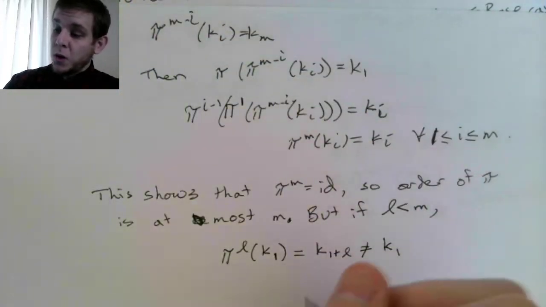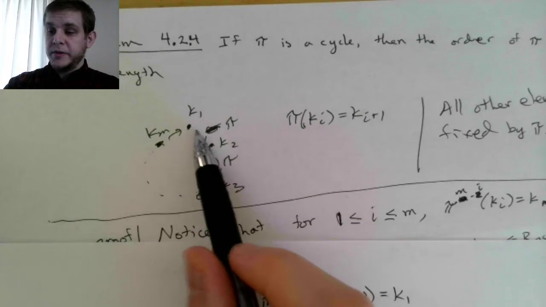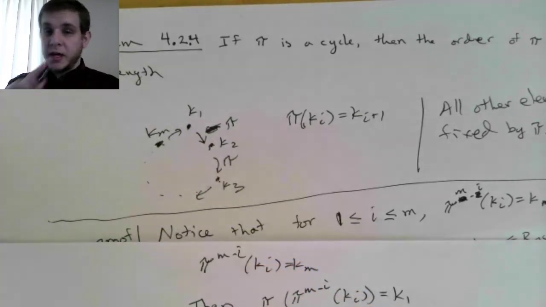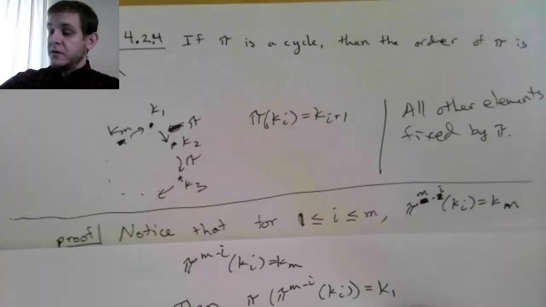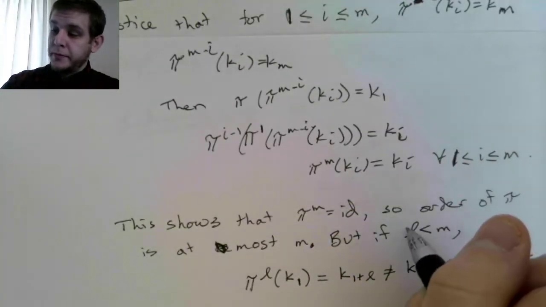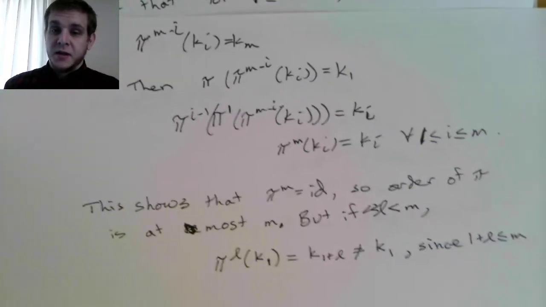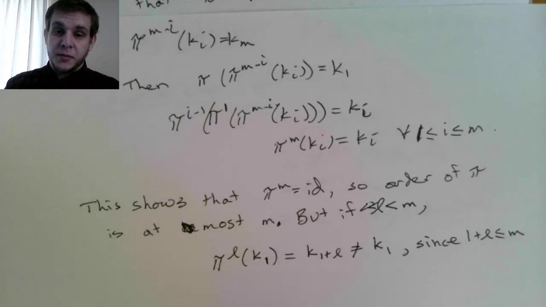Because k_(1+L) is smaller than or equal to m, and these are all distinct numbers. I have k1 up through km, all distinct. So since 1 plus L is less than or equal to m, and it's also bigger than 1, at least 1, so L is positive, these numbers are different, and k1 is moved.